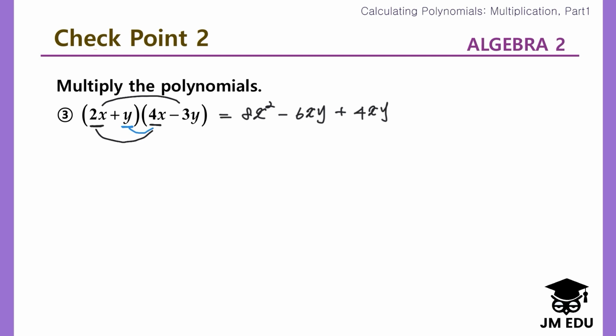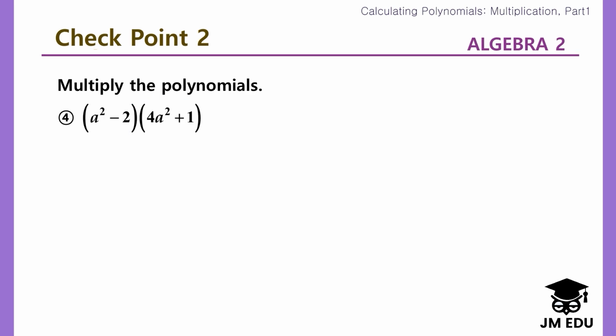Last, y times minus 3y, that's minus 3y squared. So let's look at each term right here. We have xy term, minus 6 plus 4, that's minus 2, right? So this is equal to 8x squared minus 2xy minus 3y squared.